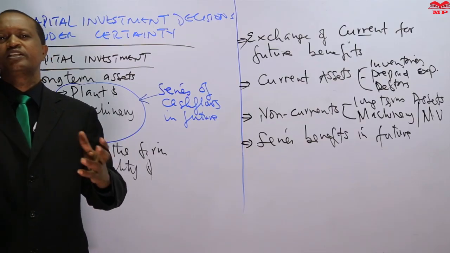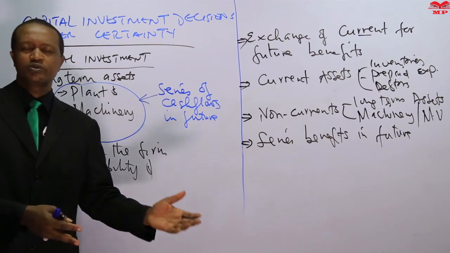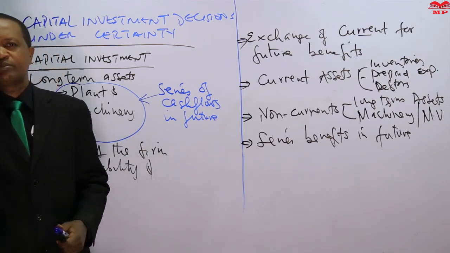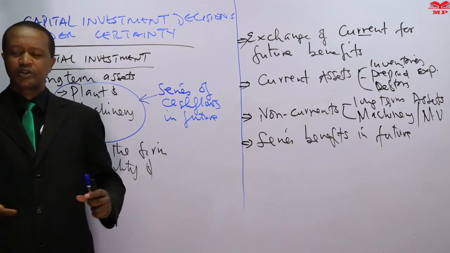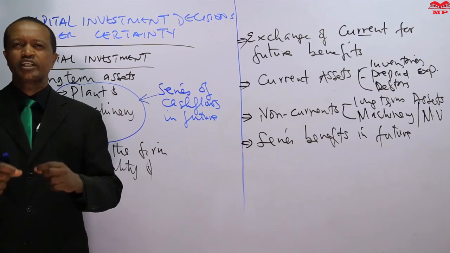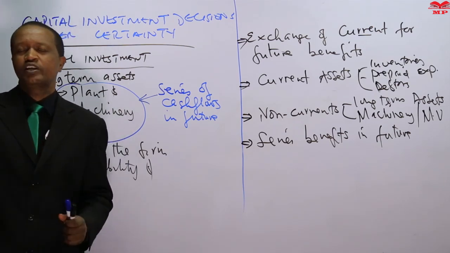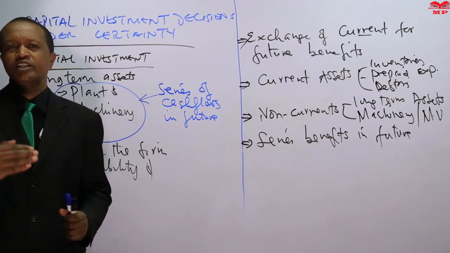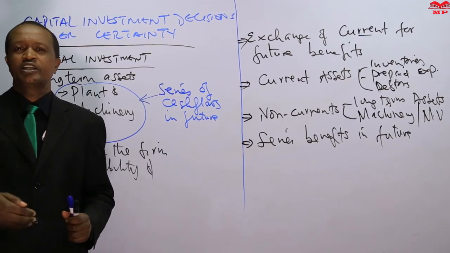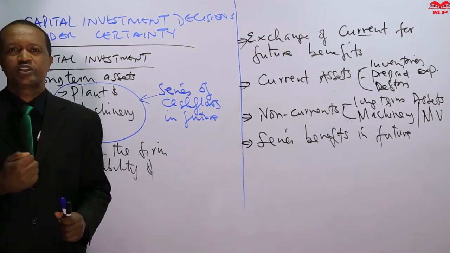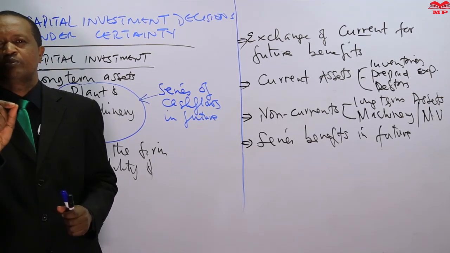Because remember, in capital budgeting, we are evaluating project number one, project number two, getting information about many projects. In the process, the company is in a position to determine which project will generate more return, or which project is less risky. So that is an important point.